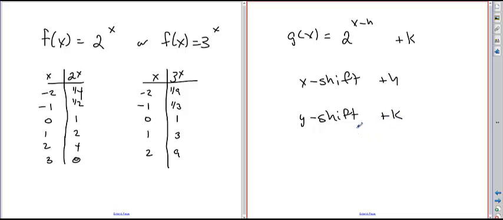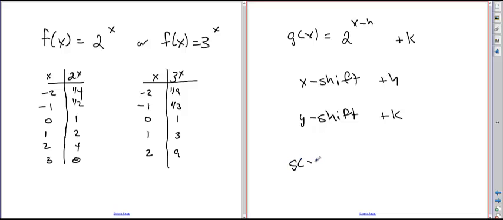So it's just like previous problems, but in this case, the x shift is in the exponent. Now we're going to do these shifts by shifting the axes where we plot these points relative to.